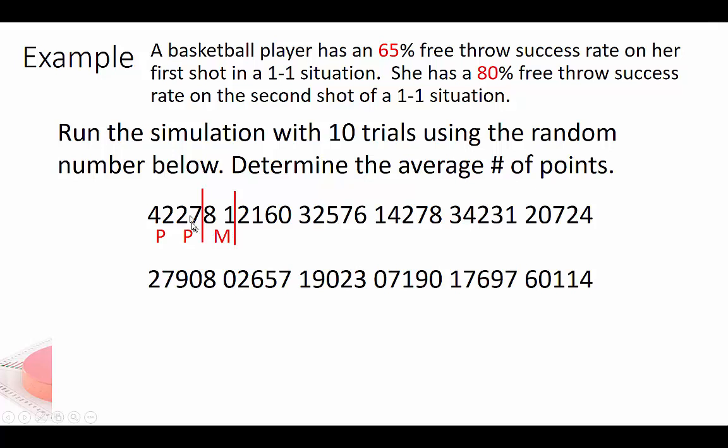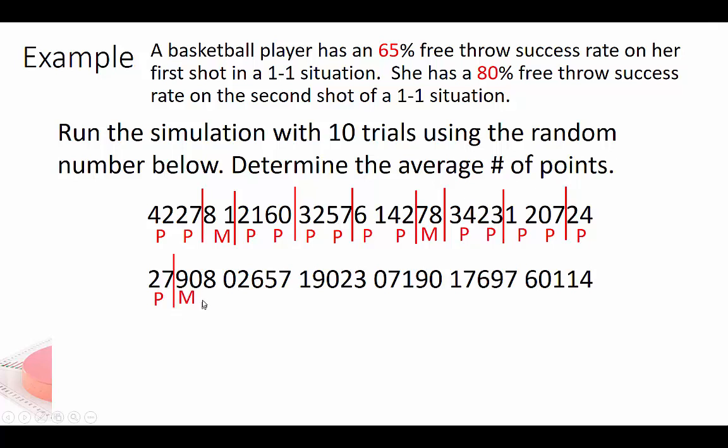Here she missed, so we're done because she doesn't get to do it again if she misses. She made it, done. Made it, done. Made it, done. Misses. Okay, so that's done. Made it, done. Made it, done. Made it. She tends to do them in pairs, doesn't she?